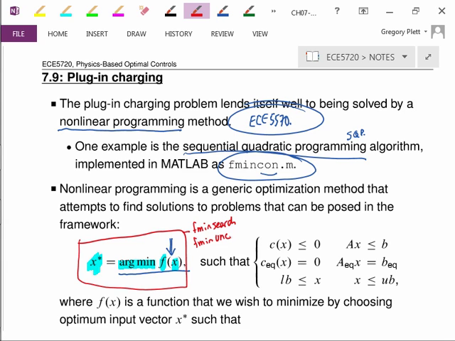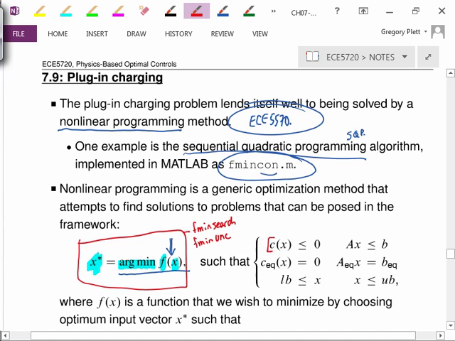However, for us, there are constraints on the problem that we need to satisfy also. So remember, x for us is going to be a vector of cell current versus time going into the future. And we want to satisfy, possibly, some nonlinear function c of x be less than or equal to 0.